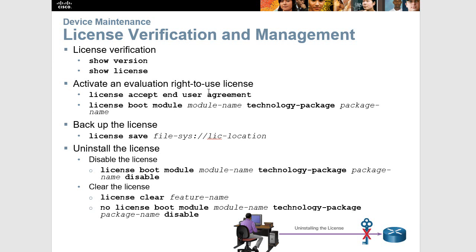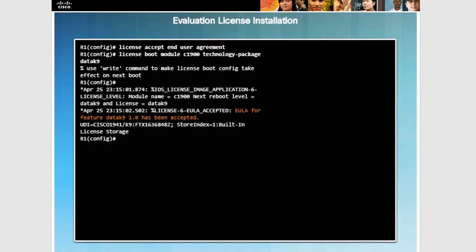To activate an evaluation right-to-use license, you can go license accept end user agreement. Then the module name and the package name, it's going to look like this: license accept end user agreement, license boot module, and then the technology package.